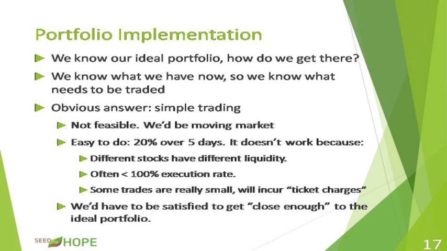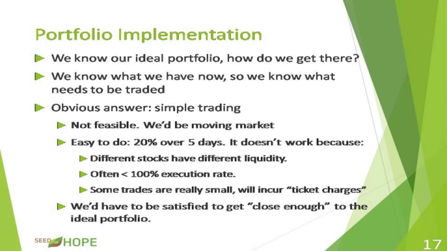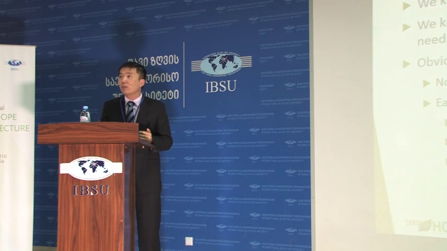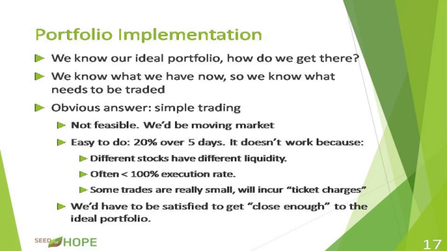Another approach that you can think of is, okay, if your trades are too big, maybe we can split them over 5 days. You can trade 20% every day for 5 days, and hopefully we don't move the market that way. In theory, it should work, but in practice, it doesn't work again, because different stocks have different liquidity. When you're trading 1,500 stocks, some of those stocks are going to be very small companies, and those companies are not traded every day.